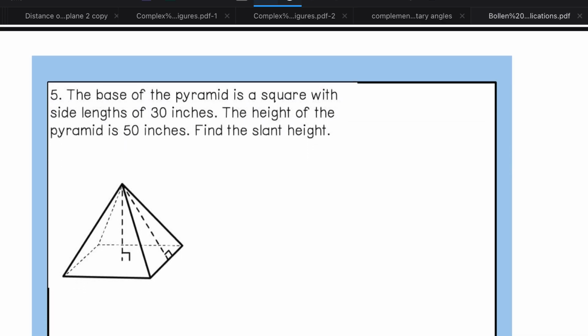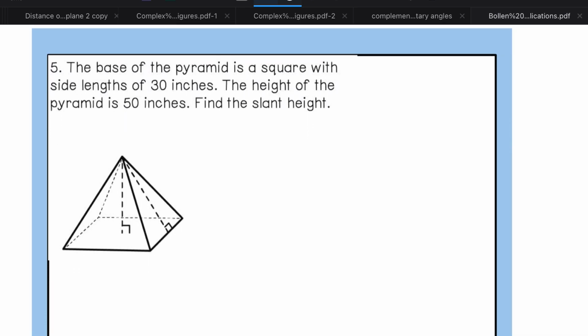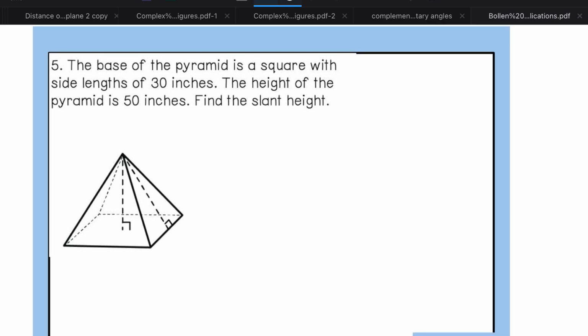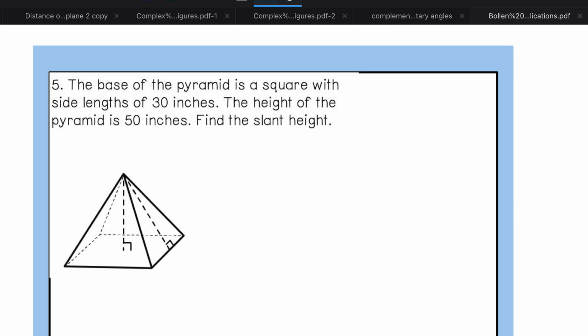And now we're going to do it with a pyramid. The base of a pyramid is a square length of 30 inches. The height of the pyramid is 50. So you know that from here to here is 30, or from here to here is 50.